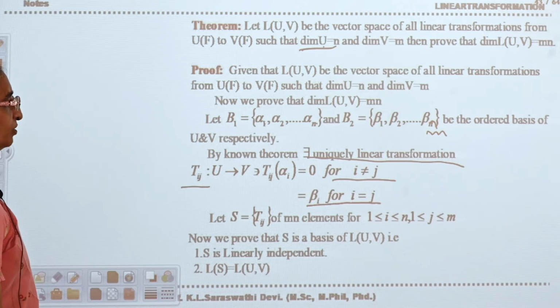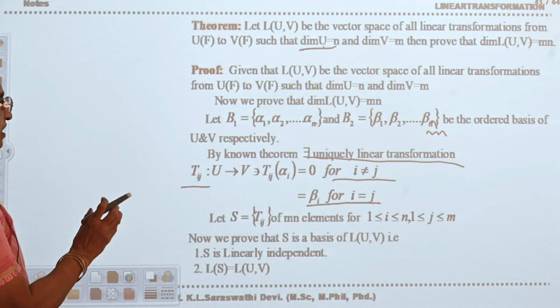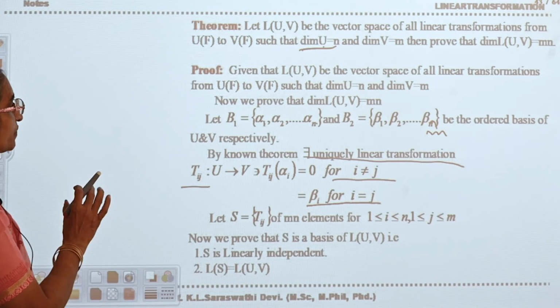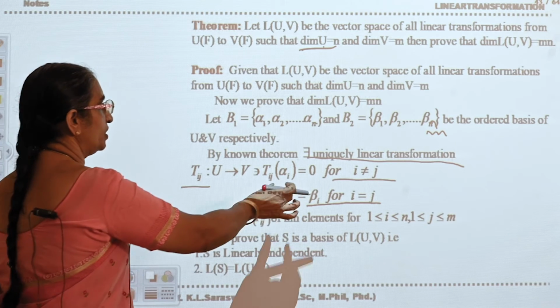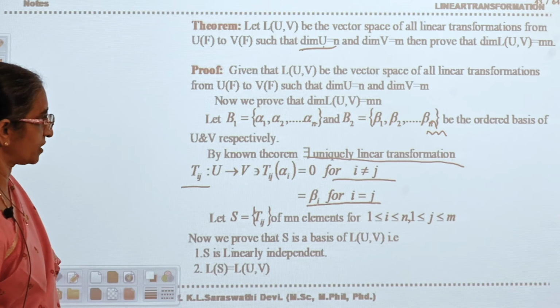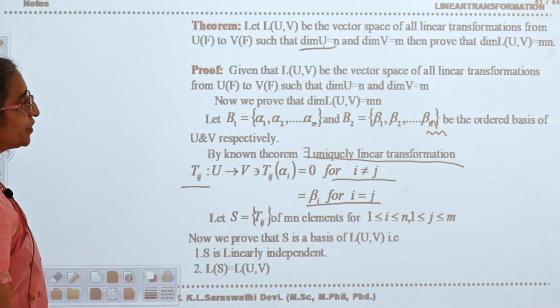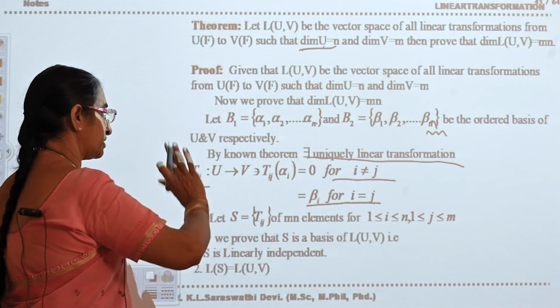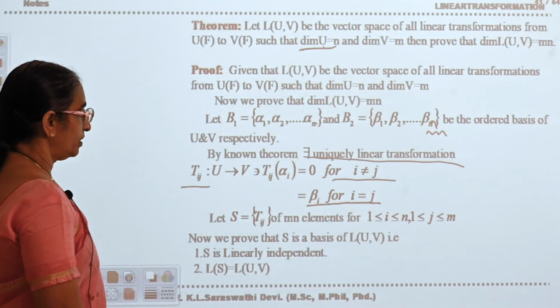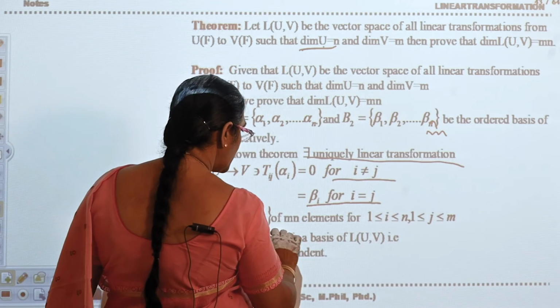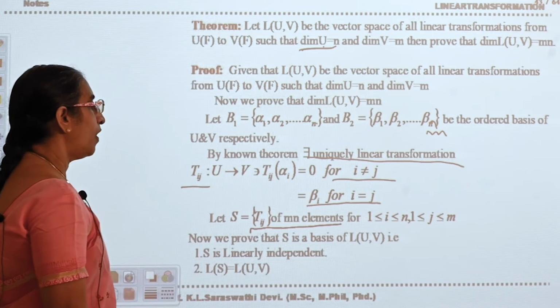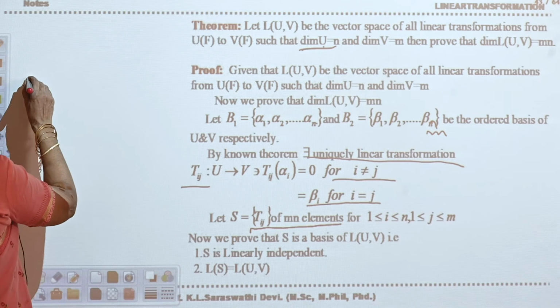Okay. Now there exist linear transformations from U to V such that these are the linear transformations. The nature of the linear transformations is like this. Now let S be the set of Tij, mn elements. How many elements are there in S?